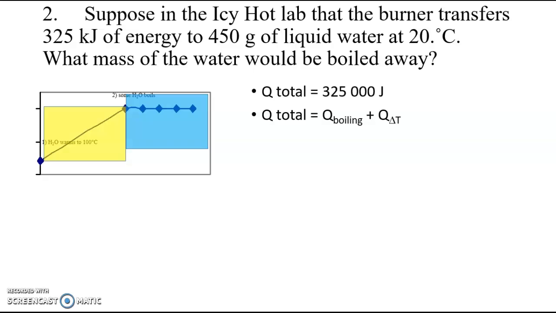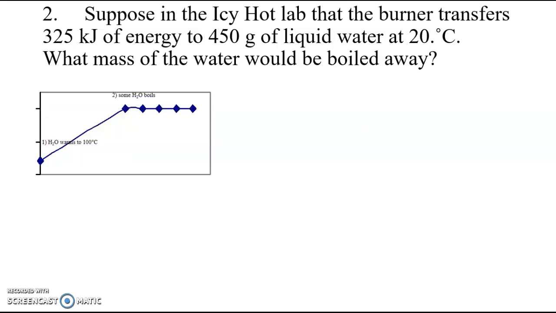And the change of temperature has to be first. It can't start boiling until we change our temperature. So if we want just the energy we have left for boiling, we have to take 325,000 minus how much we had to spend to heat it up to boiling. Our mass is 450. So again, these are all kind of givens for our problem here.